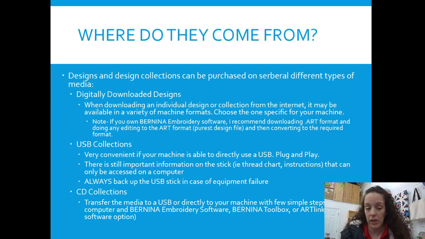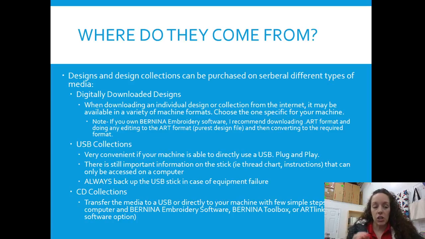It will live in your account on that website for the most part, infinitely. Sometimes, depending upon the site, you may have to download or purchase a specific size or purchase a specific format for your machine. Okay, so not everybody does it the same. So some places you get all formats, some places you get all sizes, and some places are very specific as to what you get for what you're paying for.